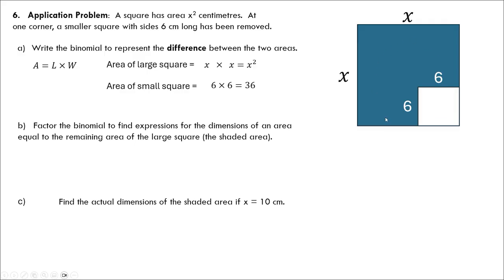So the area of the remaining blue part is going to be x squared minus 36. So x squared minus the white square, which is 36.